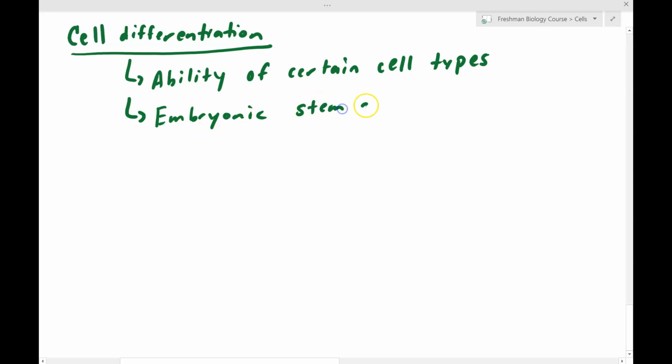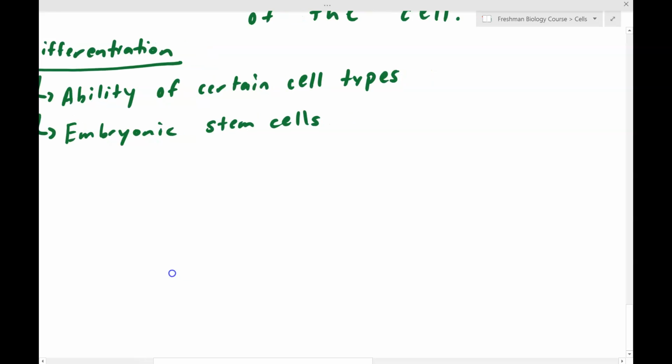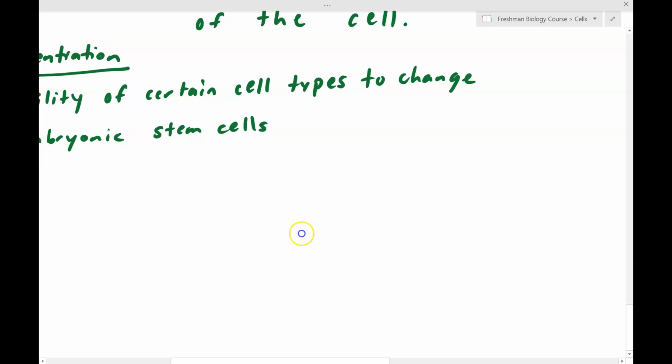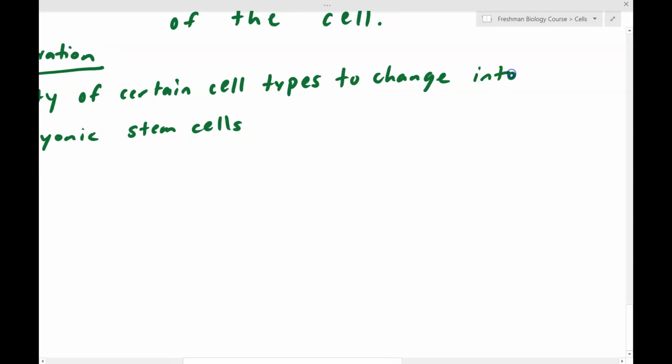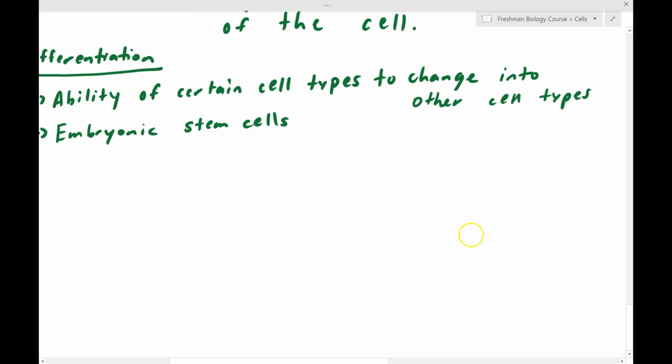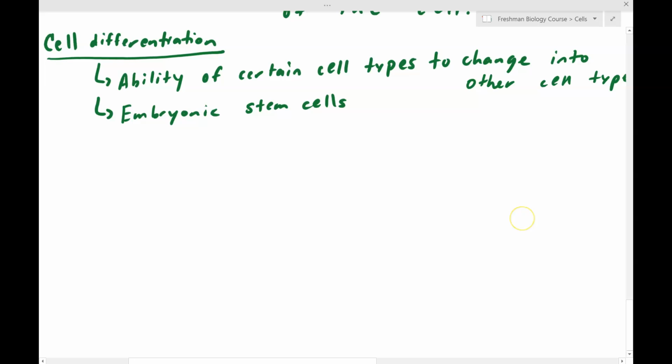Embryonic stem cells are unique because they can differentiate. All right, they have the ability of certain cell types to change into other cell types. All right, and now this is what will lead us into our idea of emergent properties.